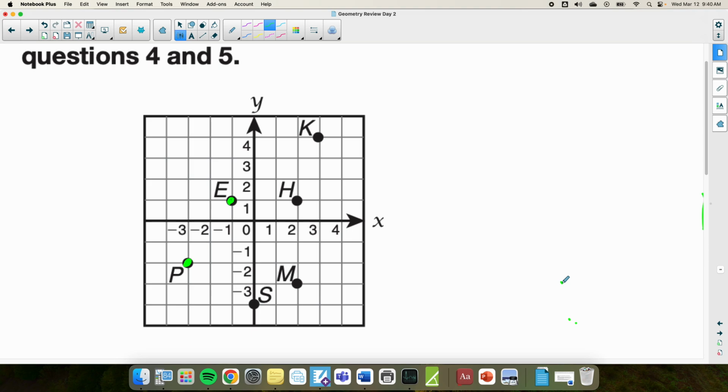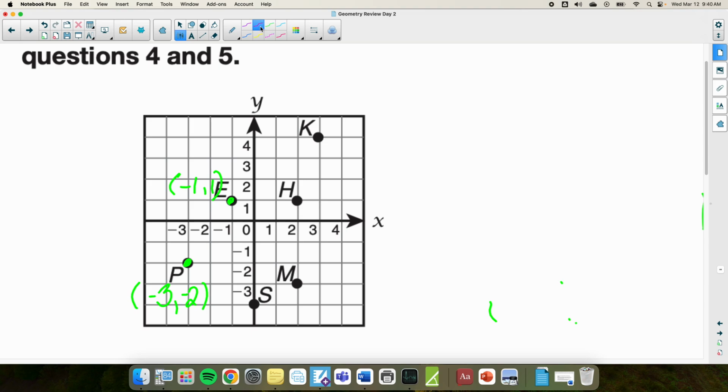You could find the coordinates of these two and do distance formula. E is at -1, 1, and P is at -3, -2. Okay? You have 2 points. You could find the distance formula and do it that way.